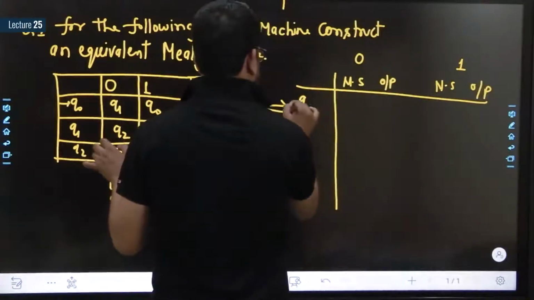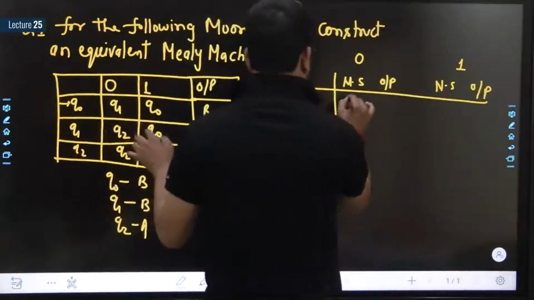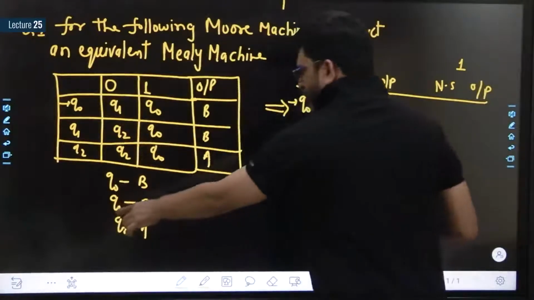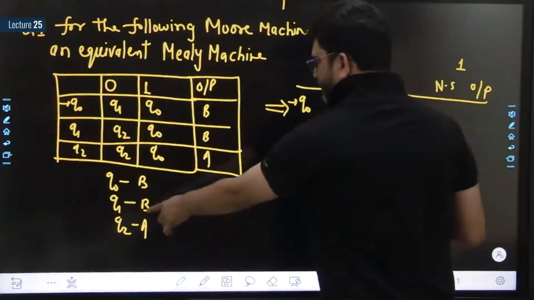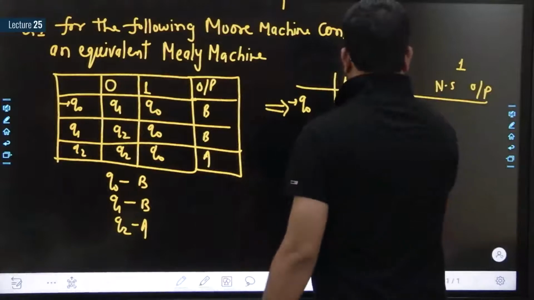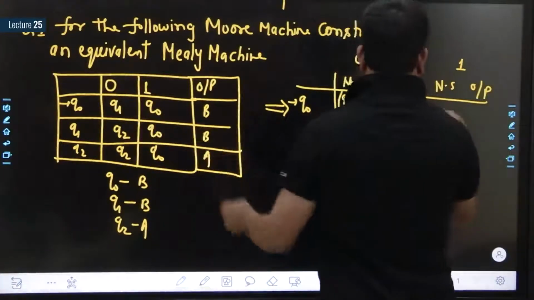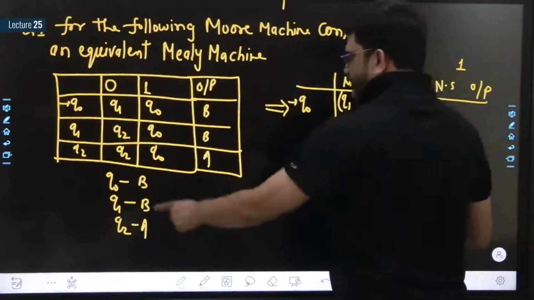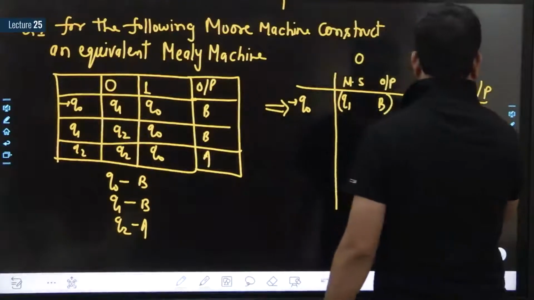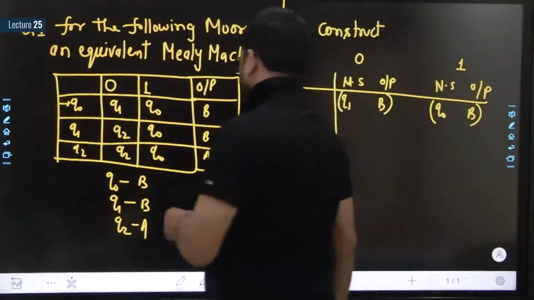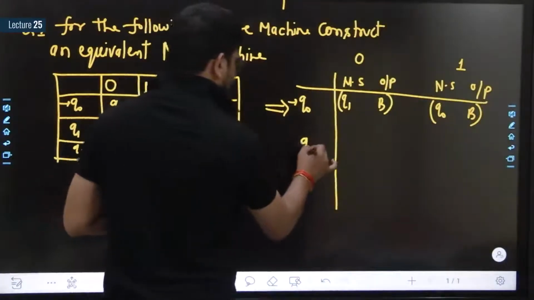Q0, Q0, Q1. What is the output associated with Q1? B. Next, Q0. What is the output associated with Q0? B. Next is Q1.